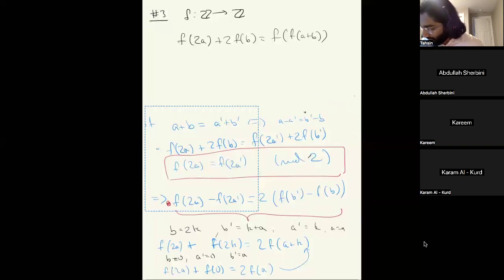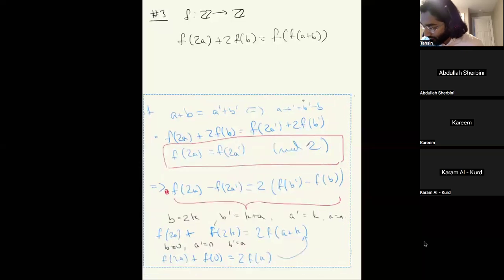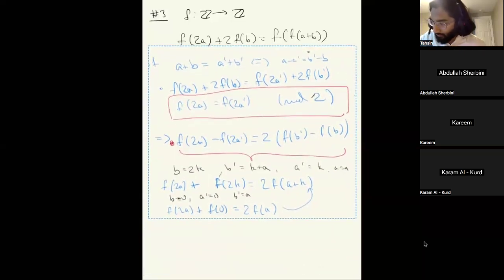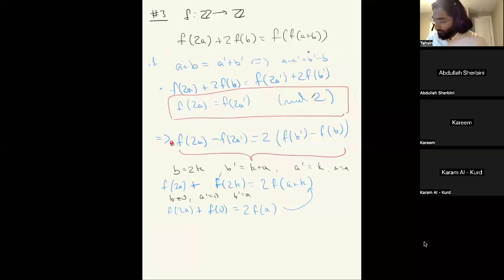So you want to take this observation and put it into the previous one, and together they will say 2f of a plus 2f of k plus 2f of 0 equals 2f of a plus k.